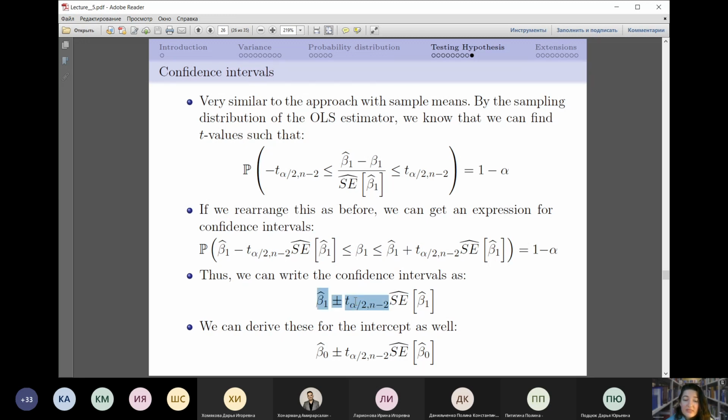This formula looks pretty similar to the confidence intervals for the mean values. You did this during the statistics course, but here, instead of the mean value, you use your estimated parameter, your slope, for example. The t-statistic you can obtain from the statistical table with the critical values of the t distribution, and the standard error of this coefficient is obtained from the formula that we've just discussed today.